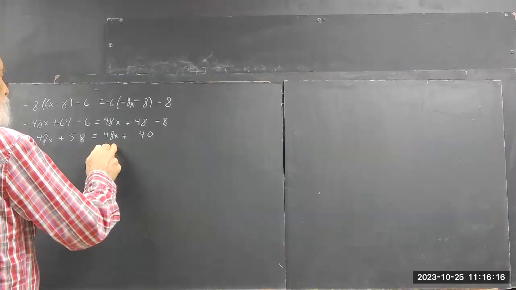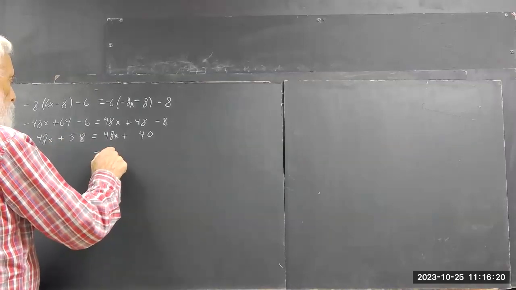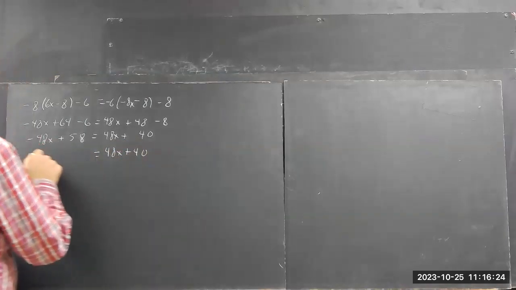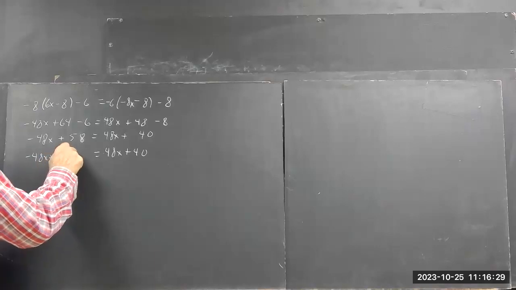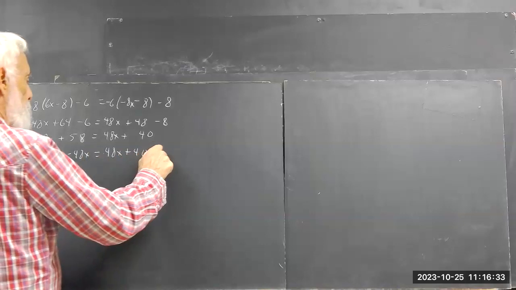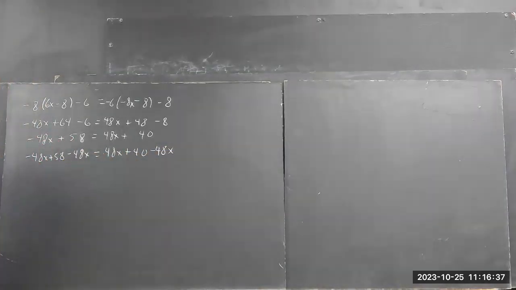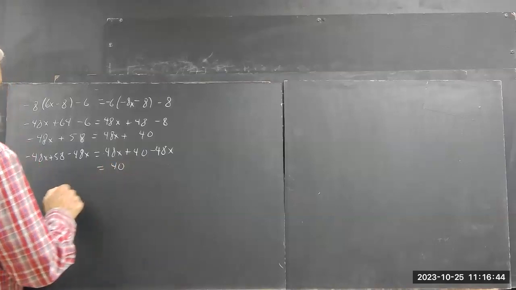Then we want to get our x's on one side, so there are several ways we could proceed. But what I'm going to do is just subtract 48x from both sides. And that'll get rid of this 48x, and I'll just have 40 on this side.